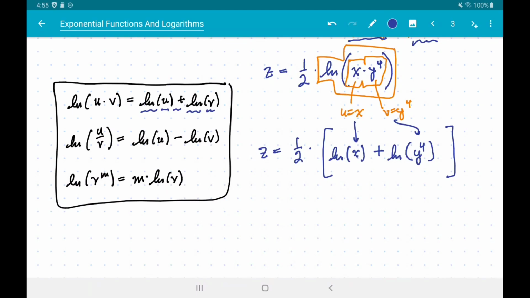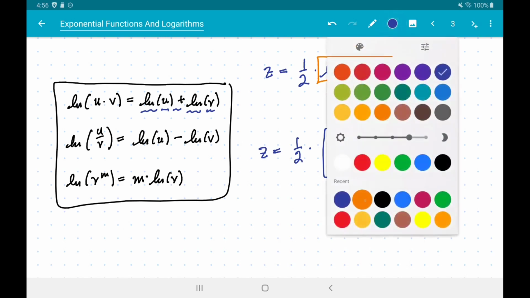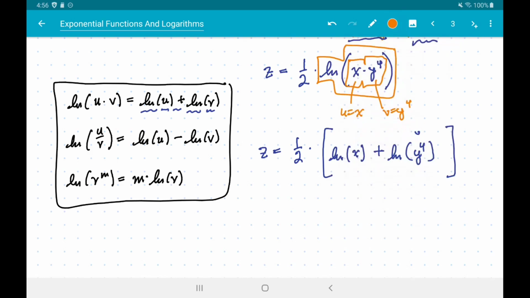Okay, so now we've handled another step. The ln of x isn't going to come apart anymore because ln is applied to just x. There aren't any other operations. However, ln applied to y to the fourth, there's something else we can do with that. Let me erase a few lines here. This ln is applied to y to the power 4.